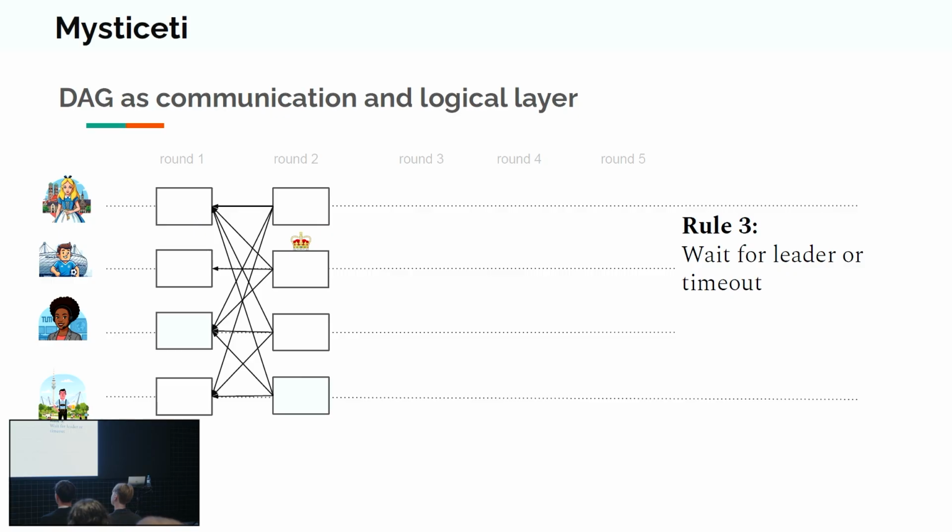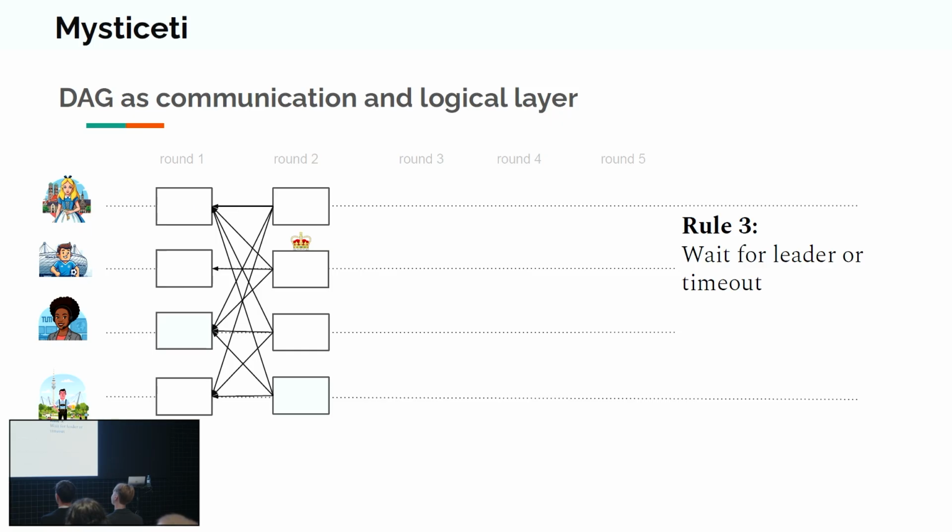Next one, since we have a DAG here, and at the end of the day we need to have a log, we need to linearize this DAG structure and get a sequence of blocks. One of the options for that is just to rely on leaders. So basically now what we are going to do is again assign leaders, but these leaders will be useful just for linearization of the DAG structure.